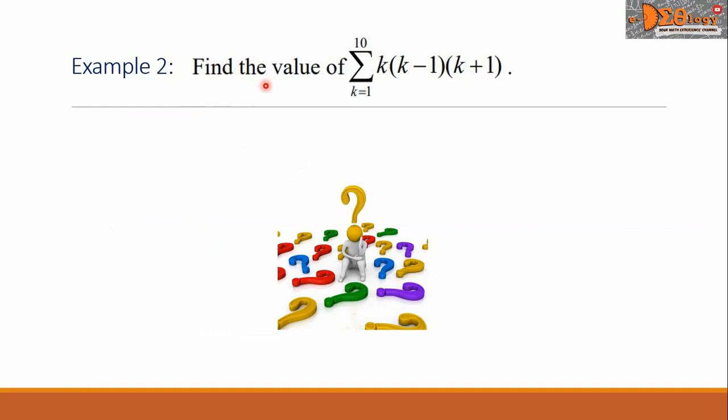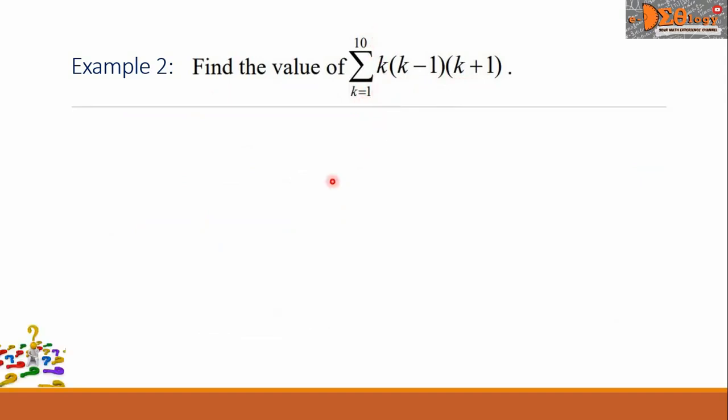Example 2. Find the value of summation of the quantity k times k minus 1 times k plus 1, where k equals 1 up to 10. We copy our problem down here, and the first thing that we will do is to simplify our function.